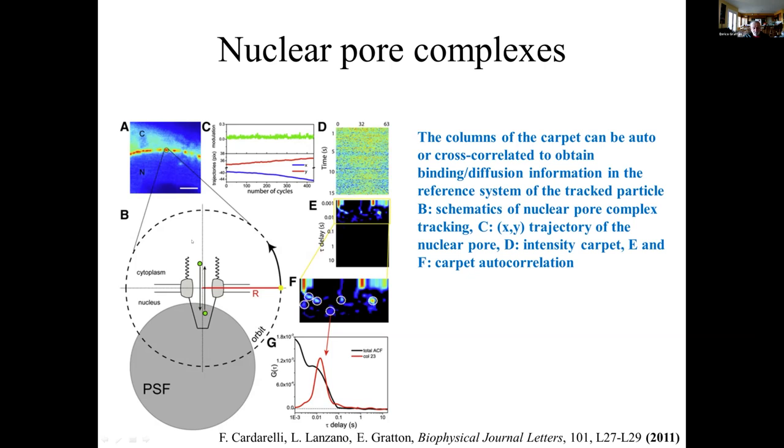But we are interested in molecules that pass through the nuclear pore complex, and that is really the very important thing. And here, for example, you can see when you track the average position, you see some molecules which stay in some particular part, 1, 2, 3, 4, 5, 6 positions in this position.